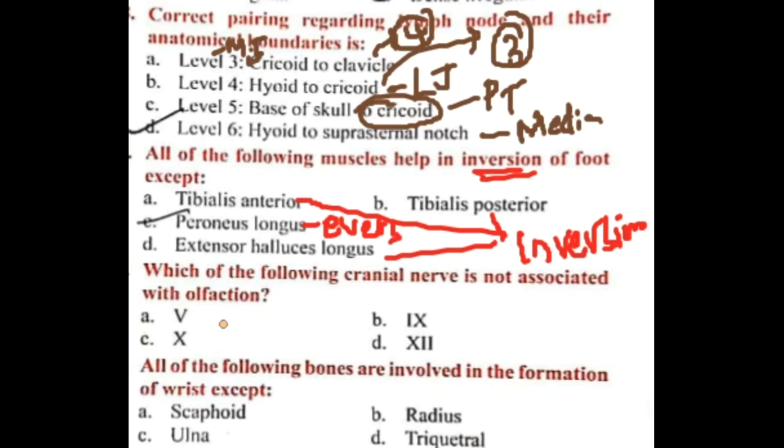Obviously those should be sensory or mixed nerves, whereas this hypoglossal nerve which you are seeing here is a motor nerve and it supplies all the muscles of the tongue except palatoglossus. So this 12th cranial nerve cannot play a role in olfaction, right?